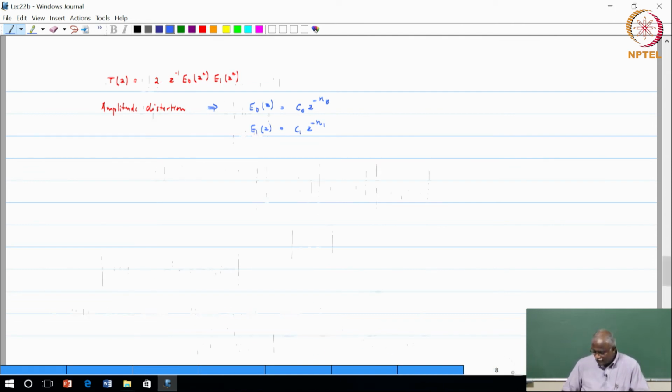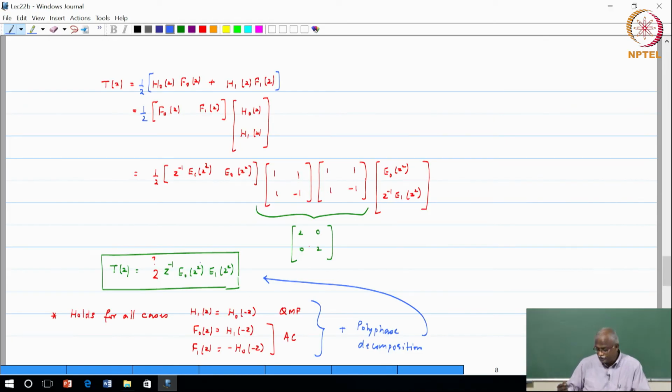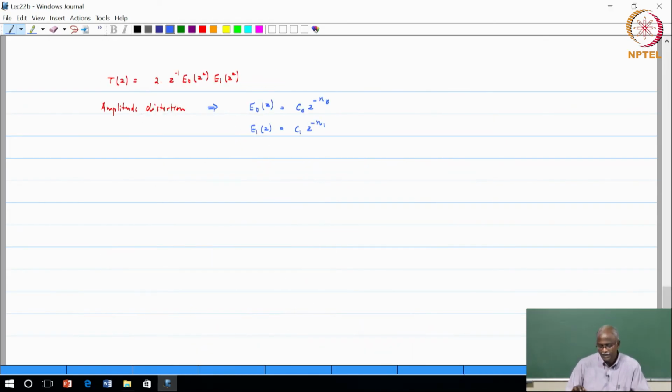Because we made the claim that this is true in the general case. So in the general case, if you want to get aliasing cancellation, the only option that will be possible is this combination.